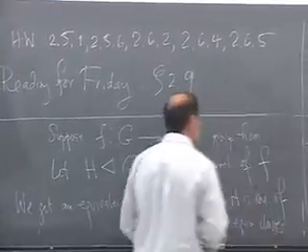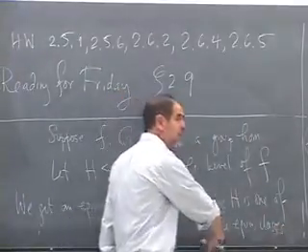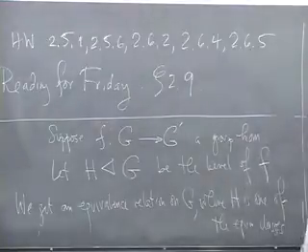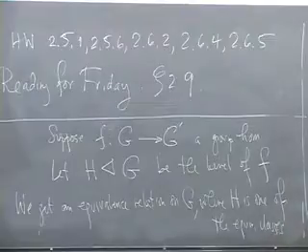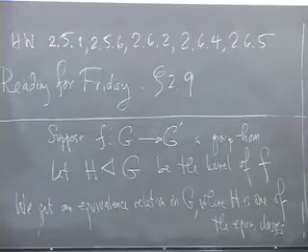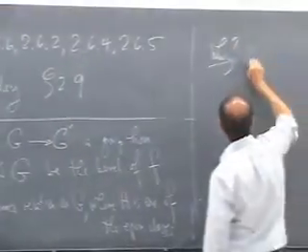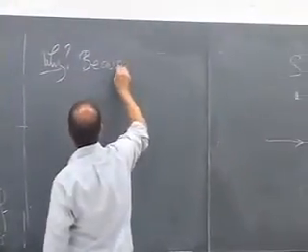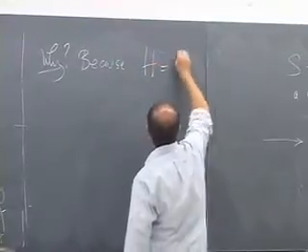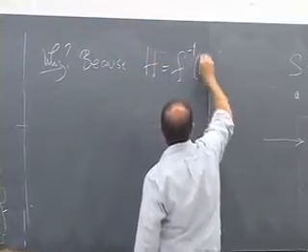We get an equivalence relation on G where H is one of the equivalence classes. Namely, anytime we have a group homomorphism, we get a partition of G into pieces, and one of the pieces is the kernel of the homomorphism. Why? Because the definition of H is that it's the inverse image of the identity.